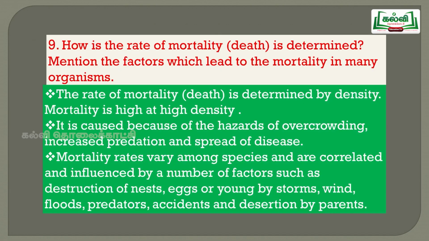Increased predation means other organisms are preying on the organisms. When the predators are more than the prey, the prey organisms will come down. That is called increased predation. Mortality rates may vary among different species and are influenced by a number of factors, such as the destruction of nests and eggs or young ones by storms.